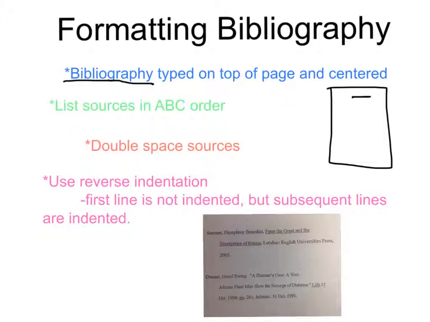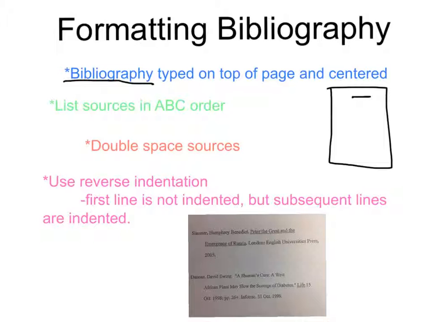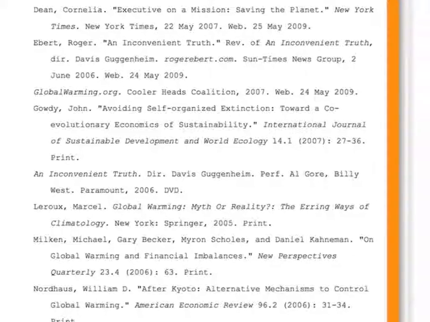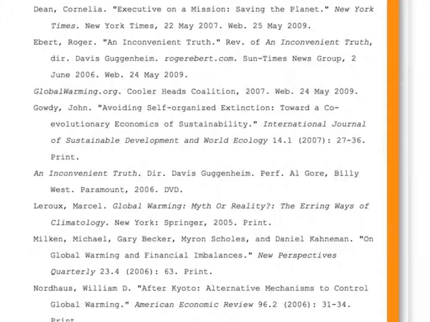If we look at this example here, we can see that this first line is not indented as regular, and then we indent the ones coming after it. So not indented for the first line, and then indent, indent. Okay, so here's a portion of a sample bibliography, and I want you to notice that it is all double spaced. Also, it is in alphabetical order.